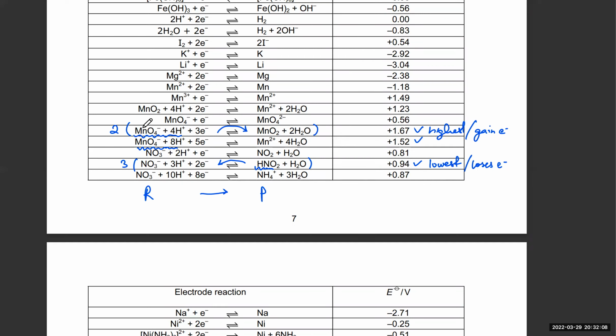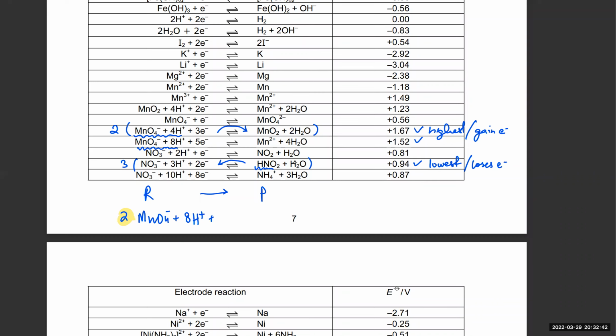So the reactants in the first one are 2 MnO4 minus 1, 8H plus 1, and 6 electrons. So 2 MnO4 minus 1 plus 8H plus 1 plus 6 electrons. And the reactant over here is HNO2, and that should be multiplied by 3.